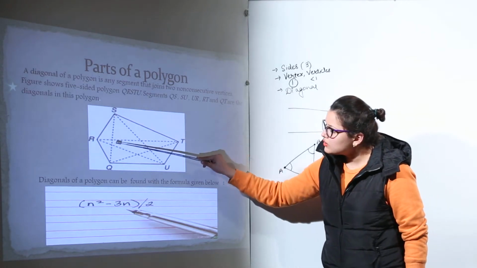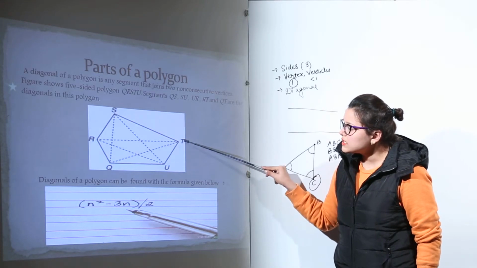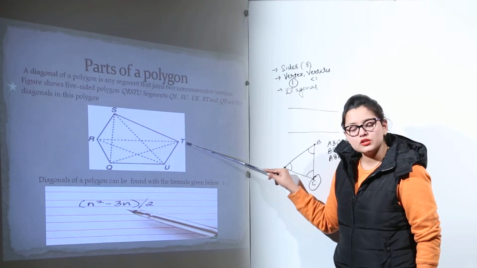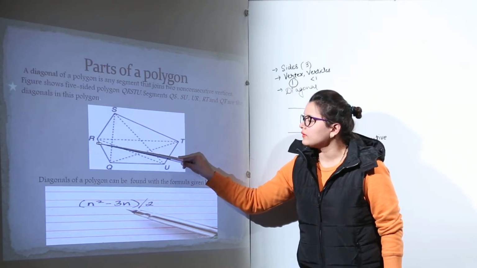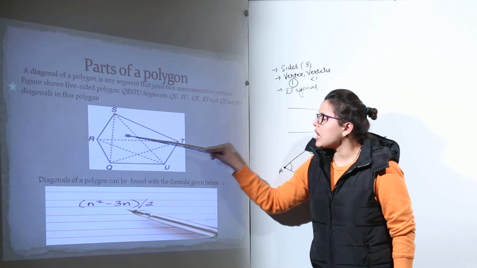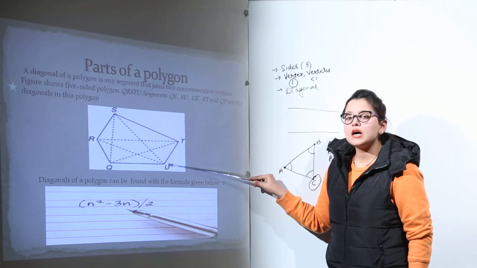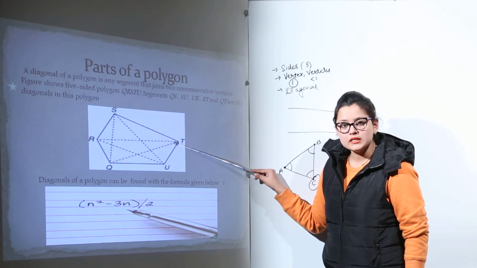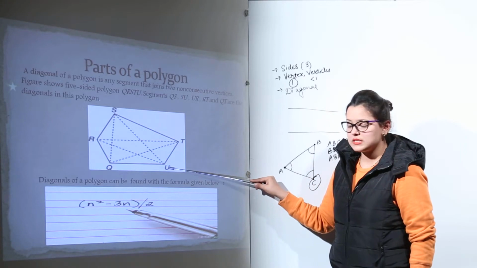For R you can see that T and U are the two non-consecutive vertices. So the line segment joining R and T and the line segment joining R and U are the two segments that are joining two non-consecutive vertices.